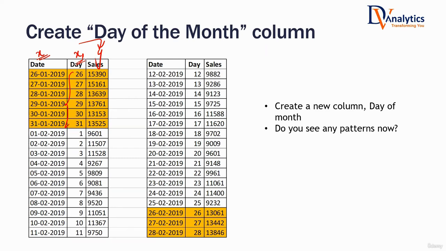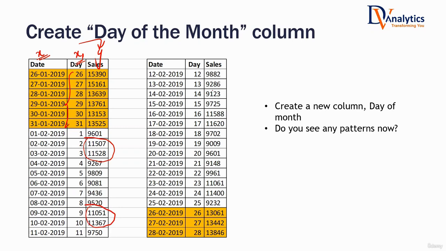Okay. Now there is one more pattern. If you observe this carefully, 1, 2, 3, 4, 5, these 2 days, the sales is high. Again, after 1, 2, 3, 4, 5, these 2 days, the sales is high.